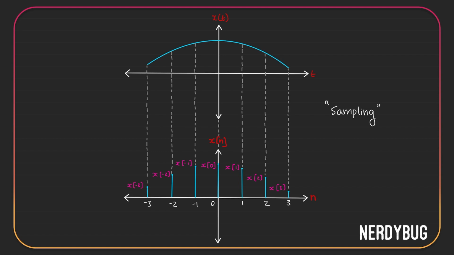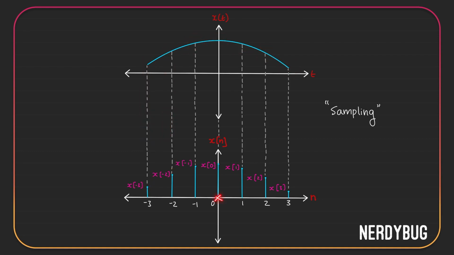What you can see over here, first I have given x of t, which is a continuous time signal. It looks like this. And what I have done is I have sampled it at particular intervals. That is, I took its value at 0, and then here, and then here, and then here. I also took it here, here, and here. And then I mapped it over here on this graph.